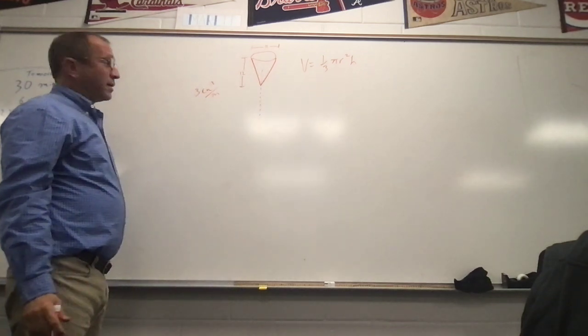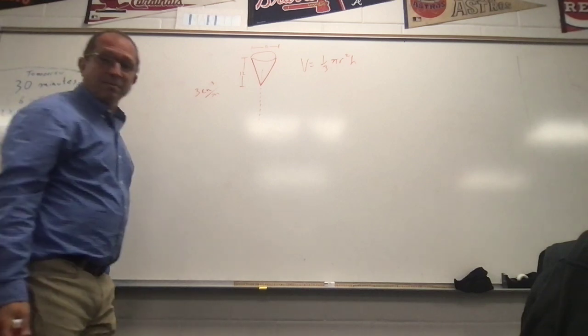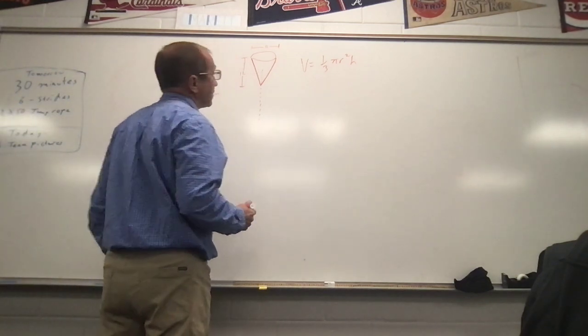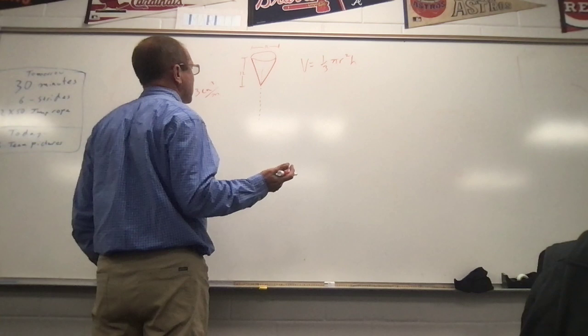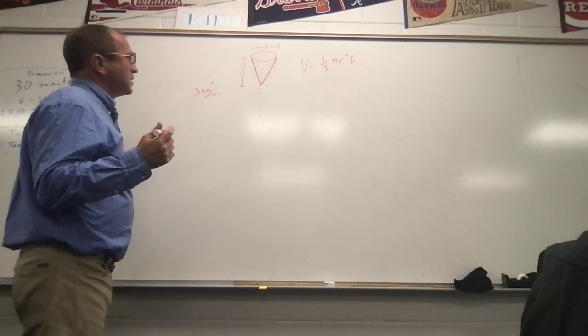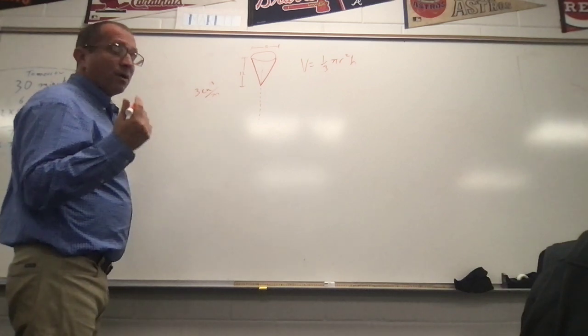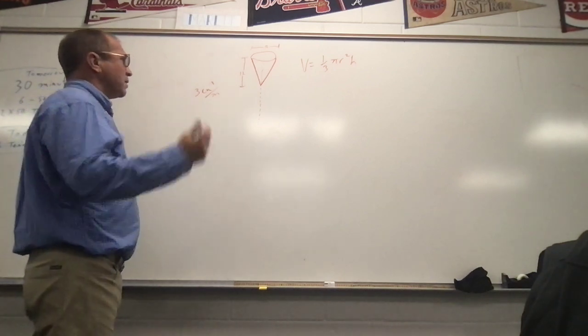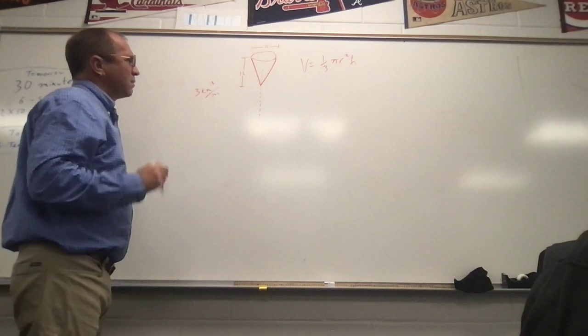It looks like the 12-inch diameter is shorter than the 12-inch height, but again, use your imagination here. So we've got a 12-inch by 12-inch cone. We're going to be interested in what is the rate of change in the depth of the water in the cone when the depth of the water in the cone is at 8 inches.